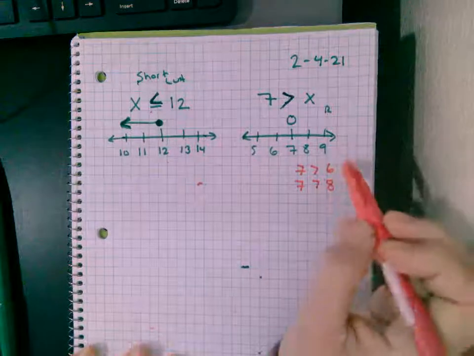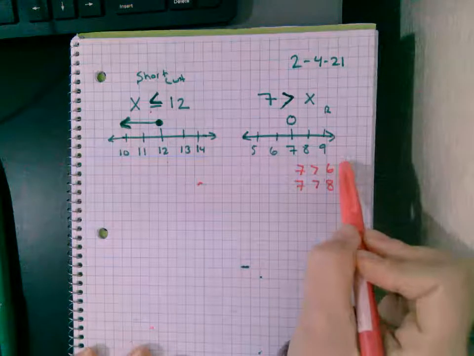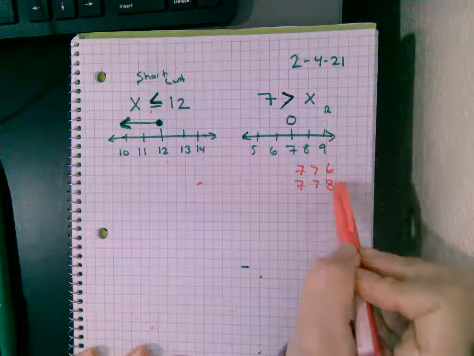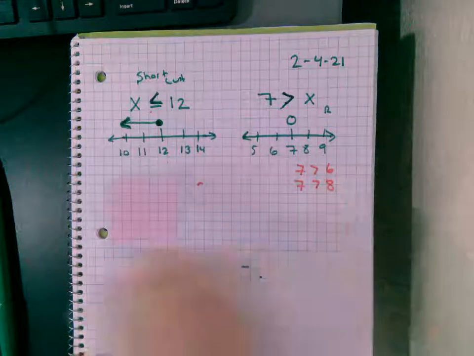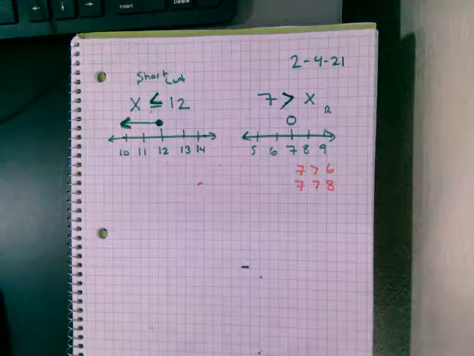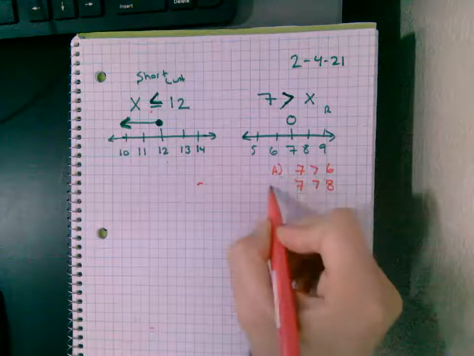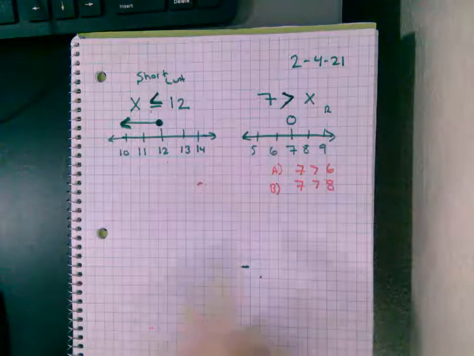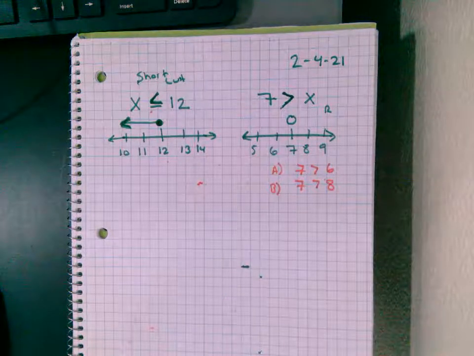So are my answers 6, 5, 4, 3, 2, 1, or are my answers 8, 9, 10, 11, 12, and so on and so forth? So which of these two problems that I wrote out, A or B, is it true? Which one is the alligator eating the bigger number?